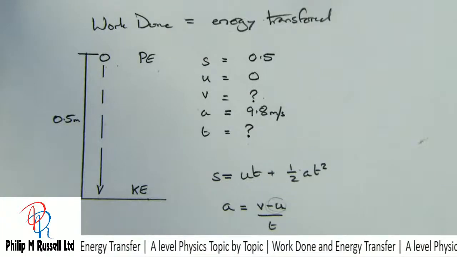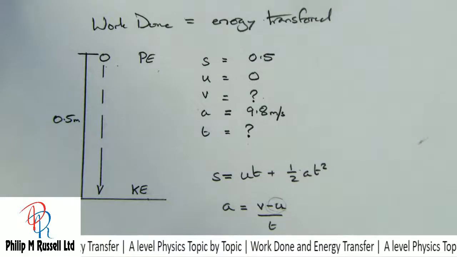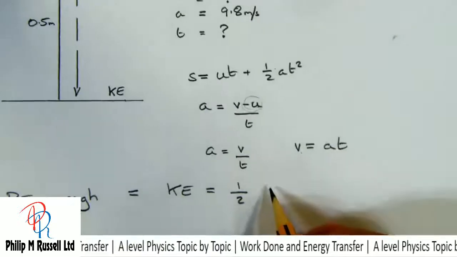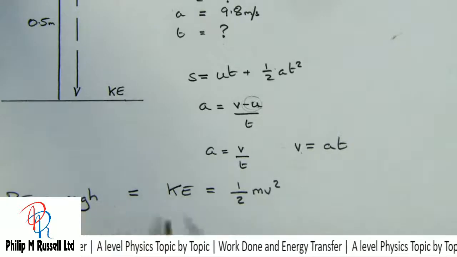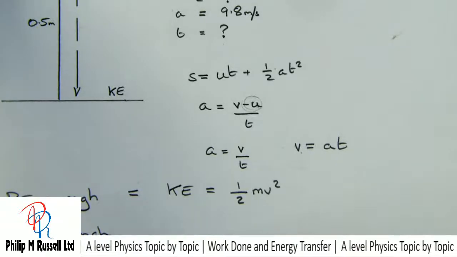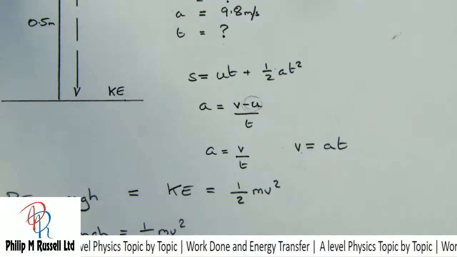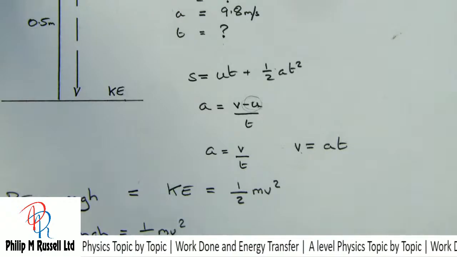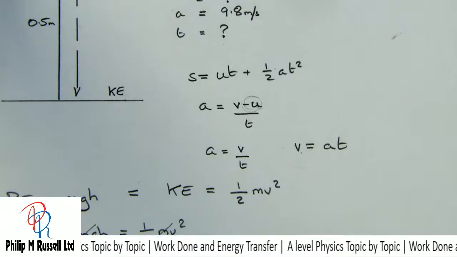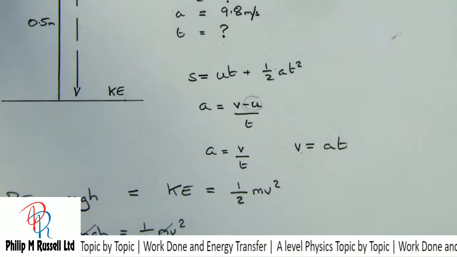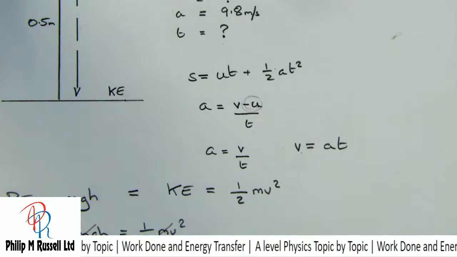When I drop that, it becomes equal to the kinetic energy, which we know is a half mv squared. So if these are equal, I know that mgh equals a half mv squared. Well, I've got m's on both sides, so I can cancel that out. And we can work out from here everything that we need to.